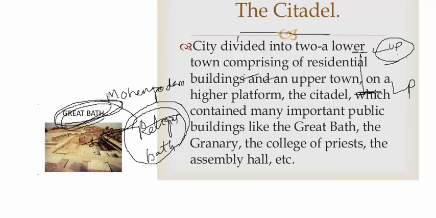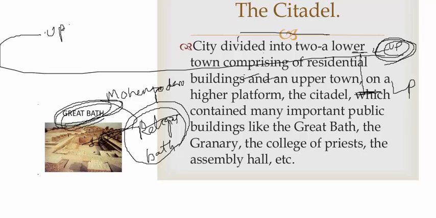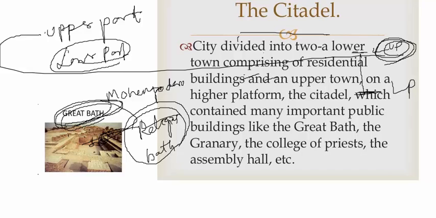In the upper part, in those buildings, rich people were living, so you can say the upper part is for rich people and the lower part for middle class people. Common people were also living in the lower part, and those who were rich, aristocratic people, were living in the upper part.